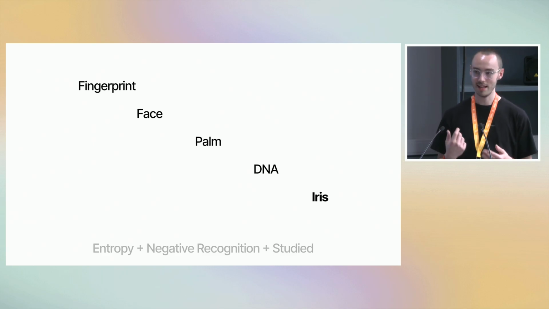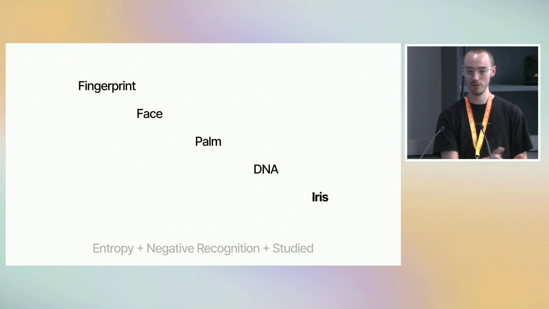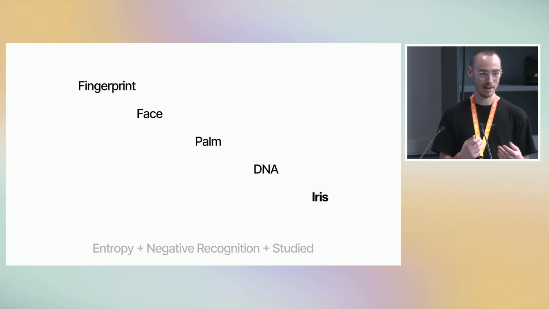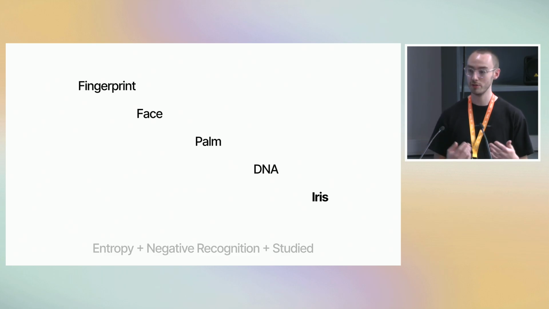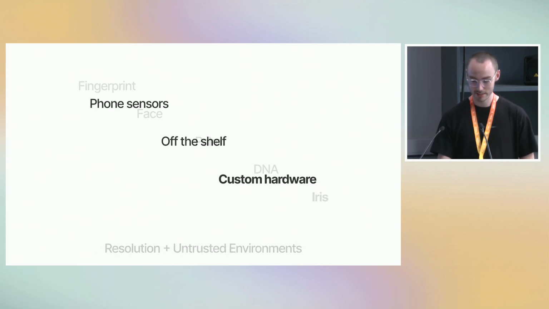It's got lots of entropy, so it can be used for distinguishing that you're unique at the scale of all of humanity. But it's also something that's visible. It doesn't require any sort of invasive thing, right? It's just a photo. If you don't want to have that photo taken, you can close your eyes. It inherently requires consent and attention, whereas a face scan is something that someone could do while you're walking down the sidewalk going past them. So that's why we settled on iris biometrics.